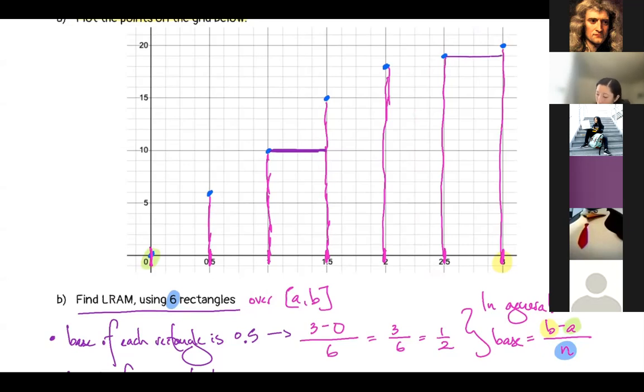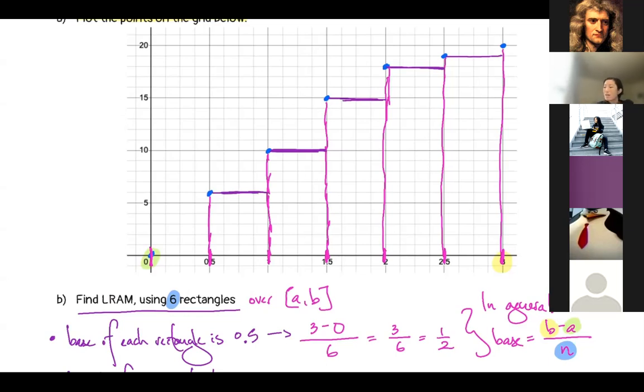Okay, what is the height of the 5th rectangle, or this one right here? What is the height of that rectangle? 18, okay. Then the height of the 4th rectangle looks like it's going to be 15. The height of the 3rd one is 10. The height of the 2nd one is 6.